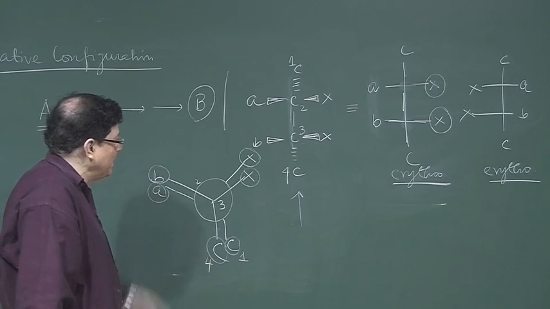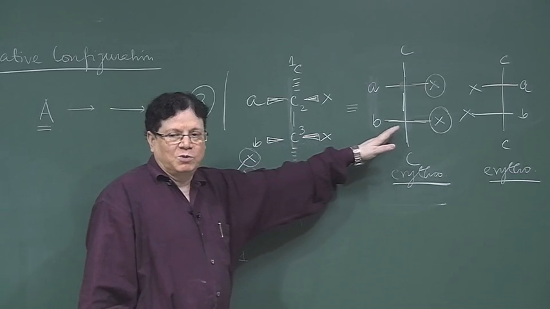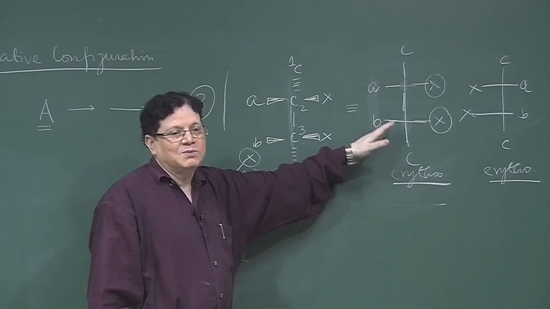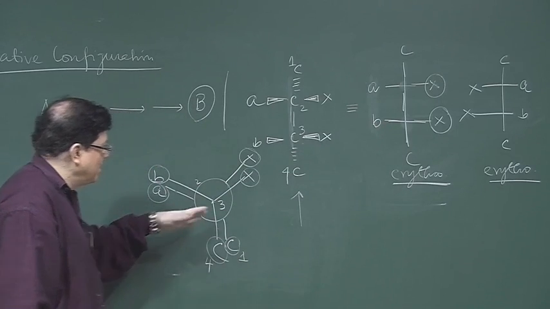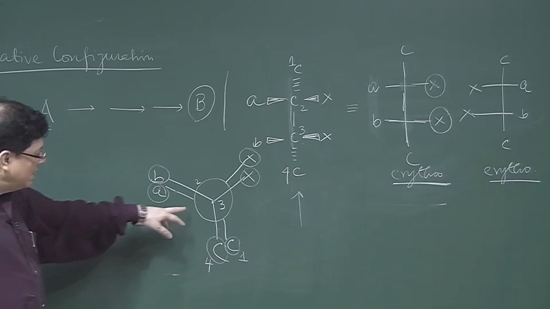So, there is a criticism of the Fischer projection formula that the molecule actually does not exist in this form, because that is the fully eclipsed form as we see here.